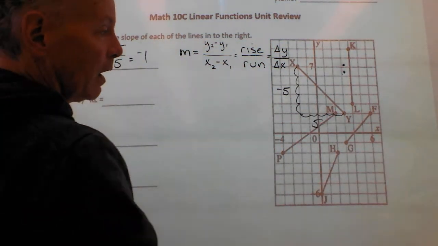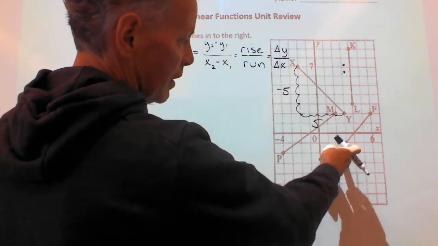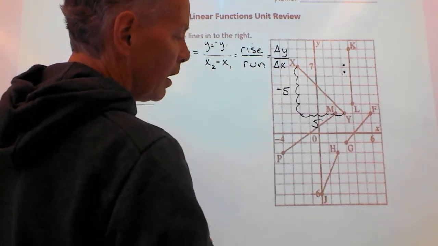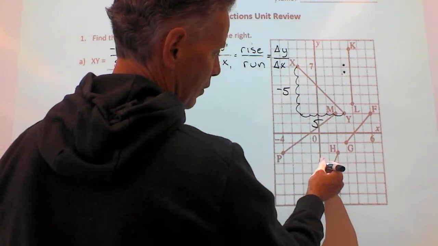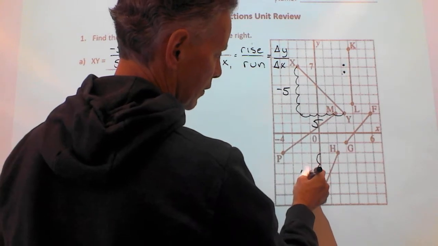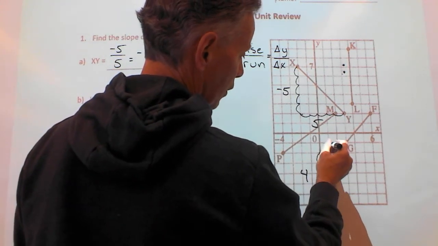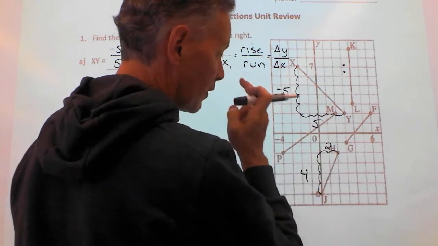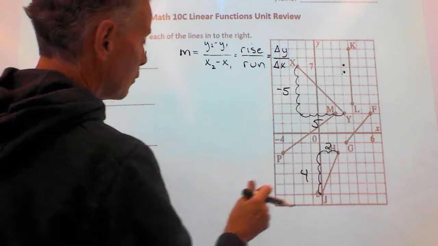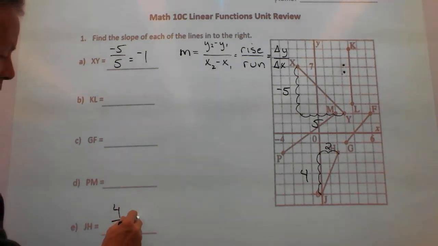Okay? We'll just do one more. We'll do HJ. Okay? So to get from J to H, you have to go 1, 2, 3, 4 up. Since you're going up, it's positive, and you have to go 1, 2 across. Again, a positive direction, so a positive change. And what that gives you for HJ is a rise of 4 and a run of 2.